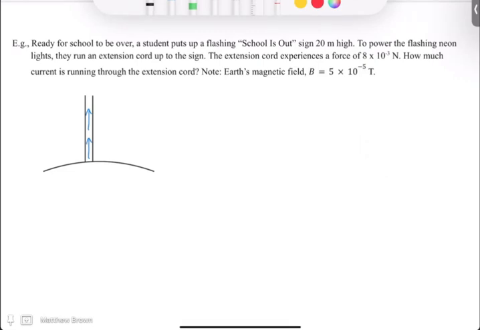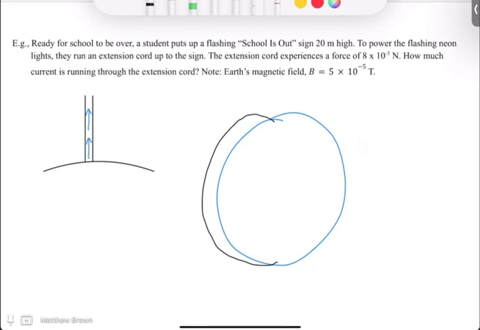And if you imagine Earth's magnetic field drawn on the planet like this, it's usually going directly up, pointing north.